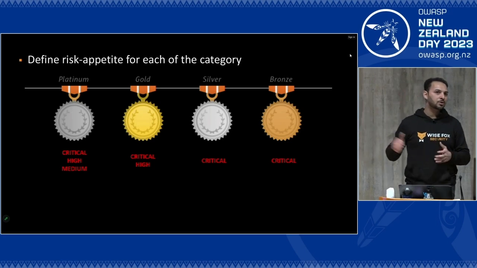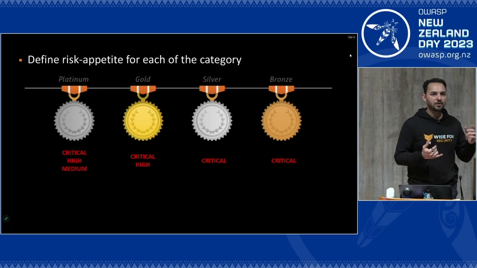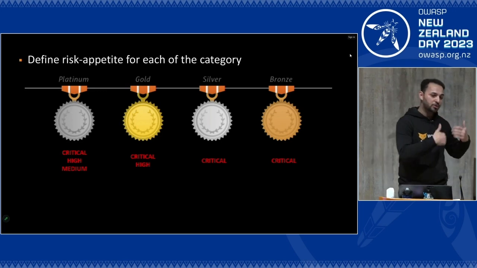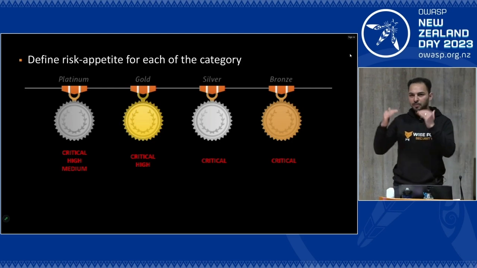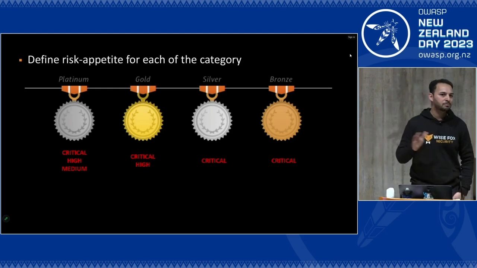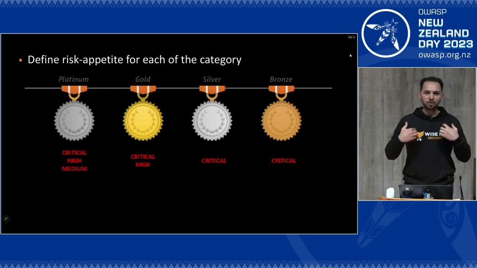Maybe for bronze, you only want to fix critical. So you don't really want to look into low or medium vulnerabilities detected by your tool. That means you can tune your tools to only report on critical, and even if the tool detects the other vulnerabilities, your pipeline isn't going to fail. So you take the risk-based approach. I'm not defining it.